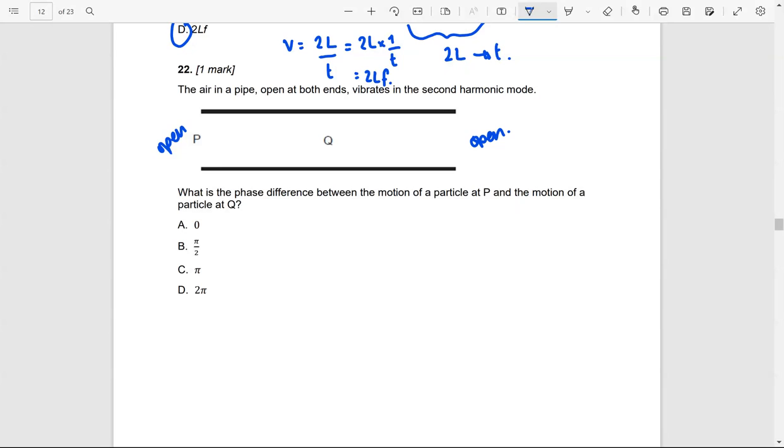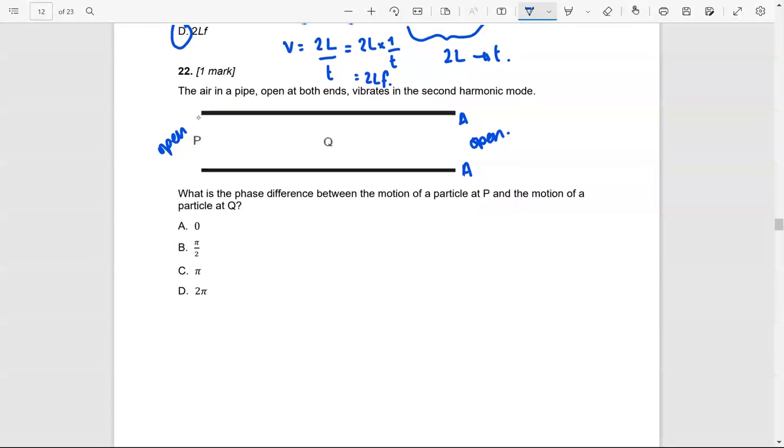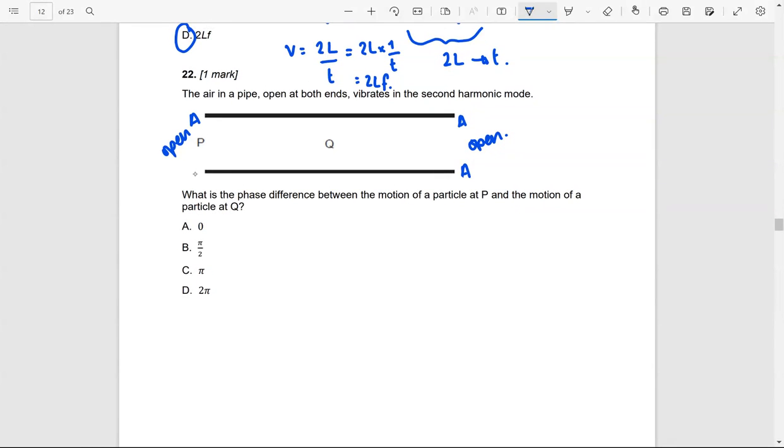So we need to draw the second harmonic. I know I have an antinode here and an antinode here. Now the first harmonic looks like this. That's the first harmonic. We want the second harmonic. The second harmonic has 2 nodes inside the pipe, so it has a node roughly here and here.